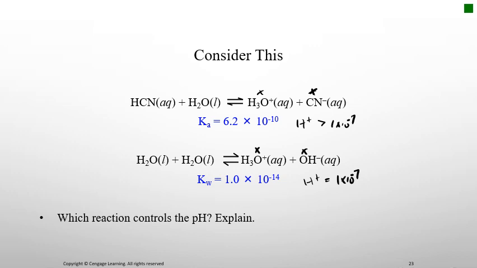So as a result, because this is a larger concentration, that is going to shift the water reaction more towards the left and lower the concentration of the OH minus. So in this particular reaction, the HCN would control the pH.